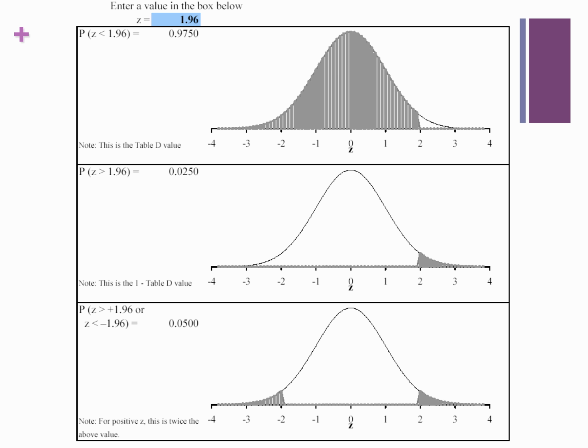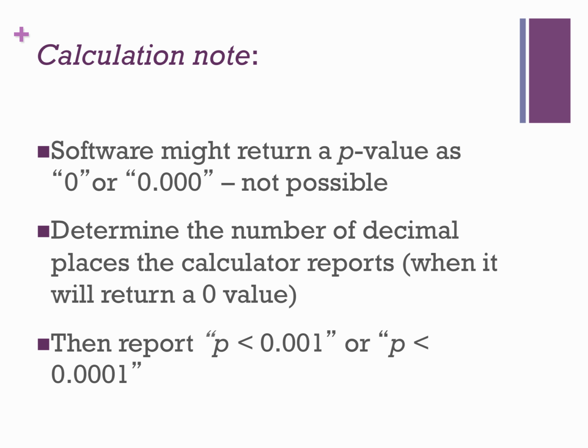So it is never a 0. You will then report a p less than 0.001 or a p less than 0.0001. Do not ever report a p-value of 1 or a p-value of 0. It will either be greater than 0.9999 or less than 0.0001.